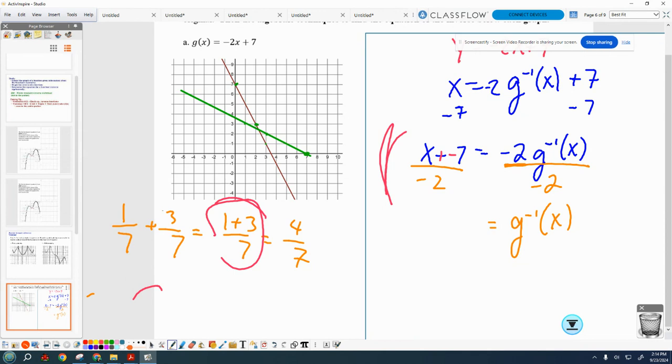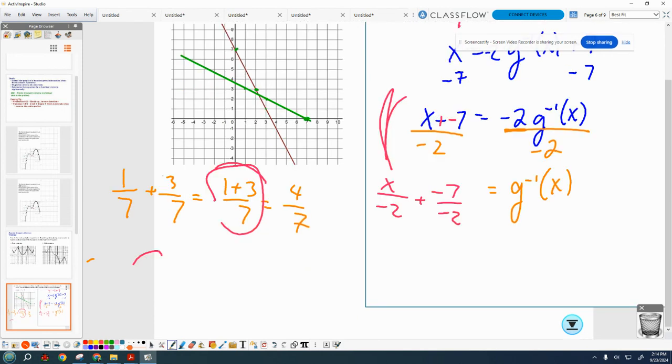Okay, what's the first term up top in the numerator? The x. So x over -2 plus -7 over -2. So what this ends up being, negative over a negative ends up being positive, okay?